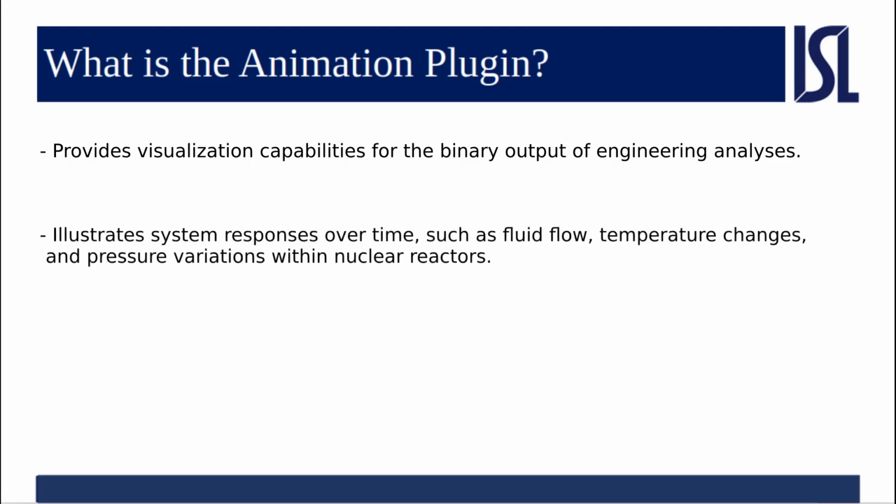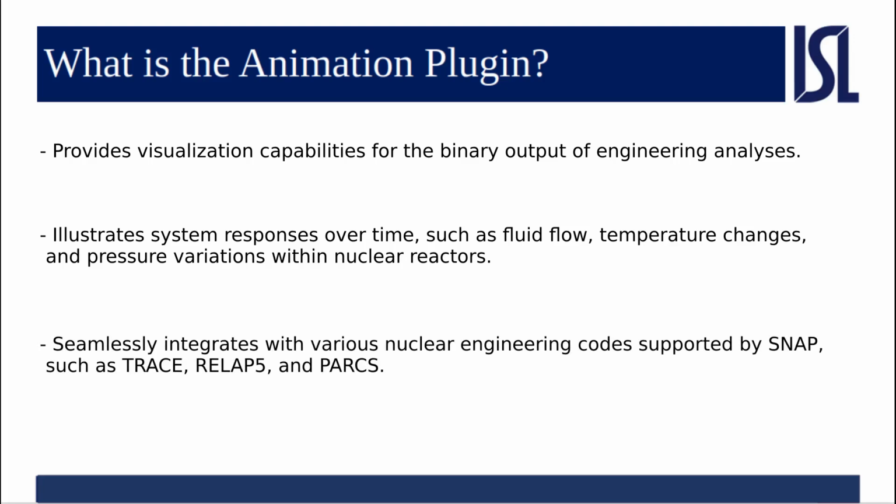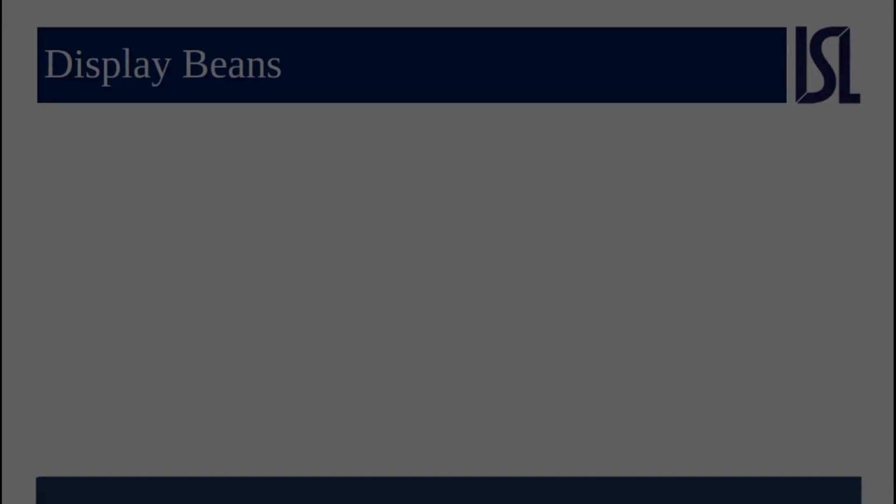The plugin enables the creation of animations that illustrate system responses over time, such as fluid flow, temperature changes, and pressure variations within nuclear reactors. It seamlessly integrates with various nuclear engineering codes supported by Snap, such as Trace, RELAP 5, and PARCS. This integration provides direct access to simulation data to generate accurate and informative animations.